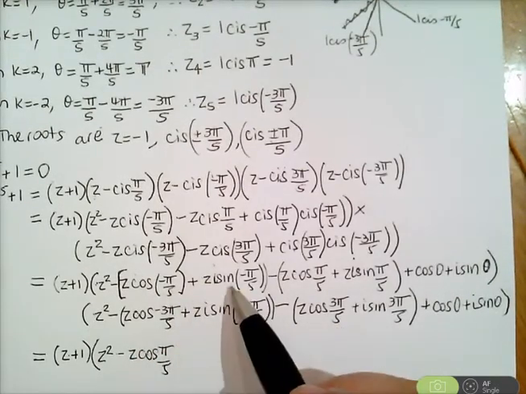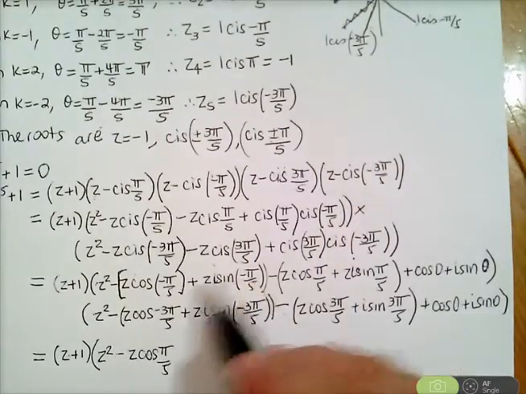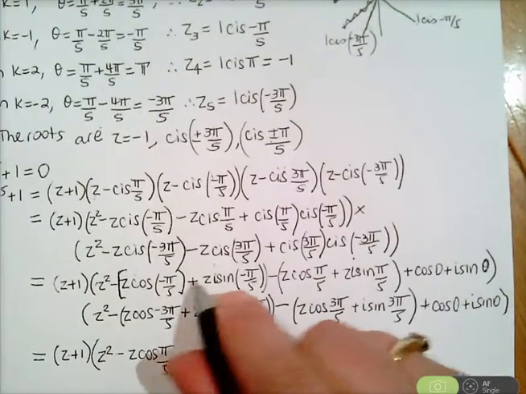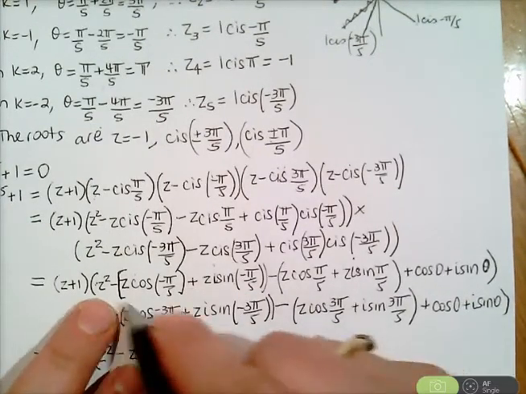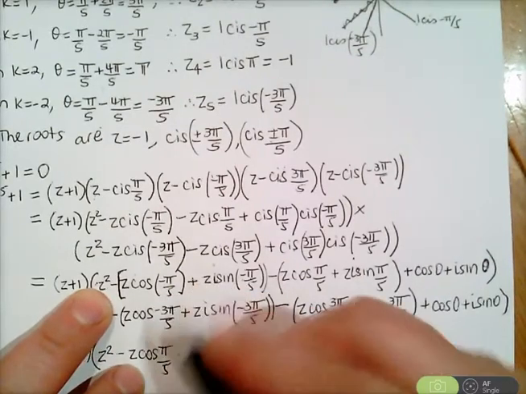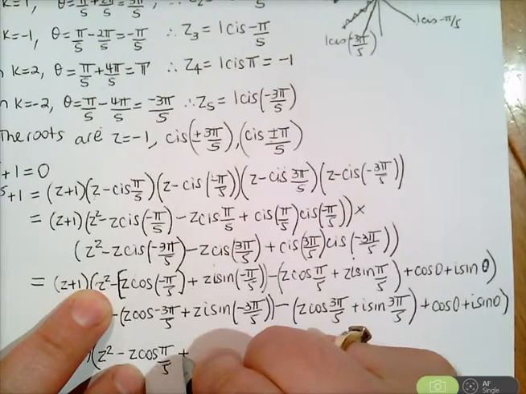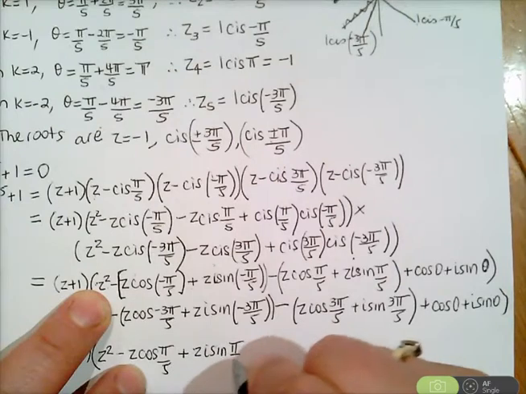And sine in quadrant 4 is negative, okay? So I'll put the negative in front of here. So I've got minus. I've just got to be very careful here because I've got minus that and minus that. This is a minus here in front, which gives me plus z i sine pi on 5.